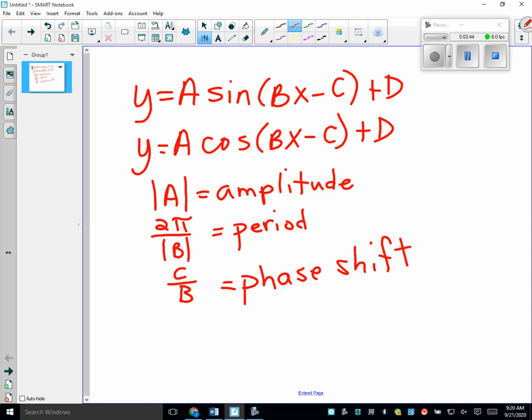Don't forget that's a minus in there. But when we do the phase shift, we just do C and B. We ignore that.